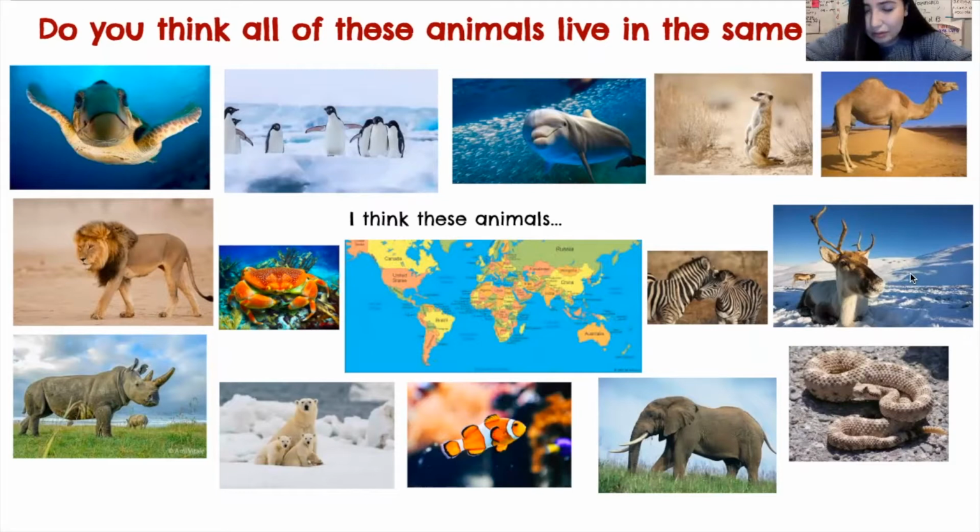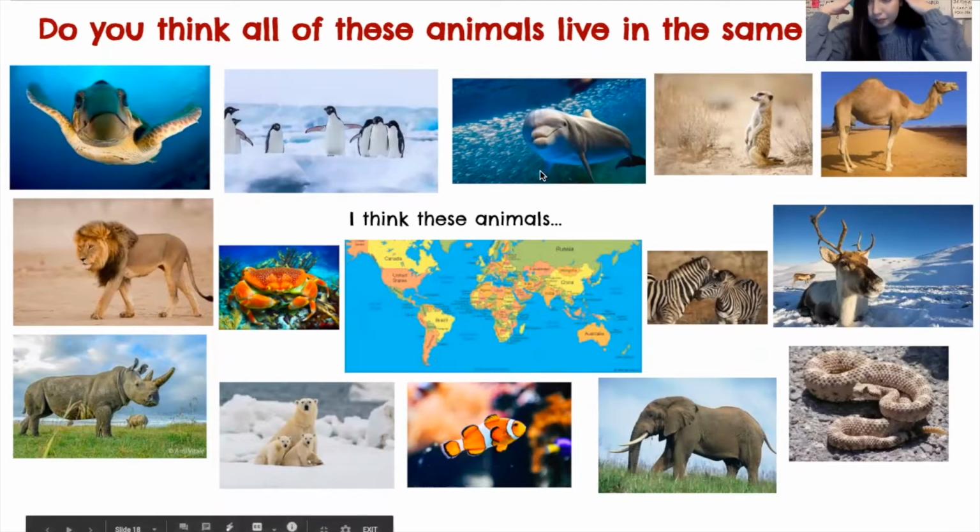So maybe they all live in the same place, but that's not the same place here as the sea. Hmm. So what we're going to do today is think about, what are these different locations called? And where do animals live? And is it all in the same place?